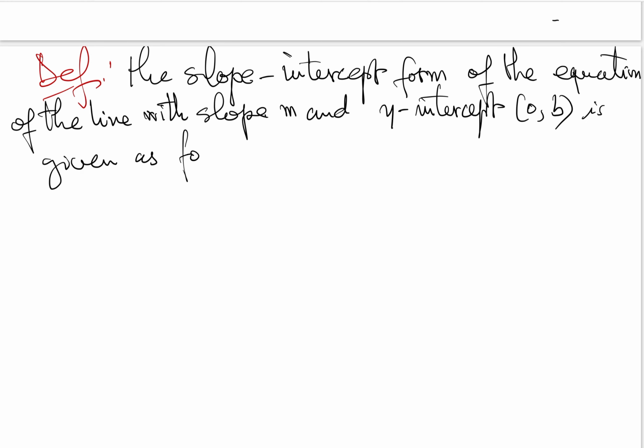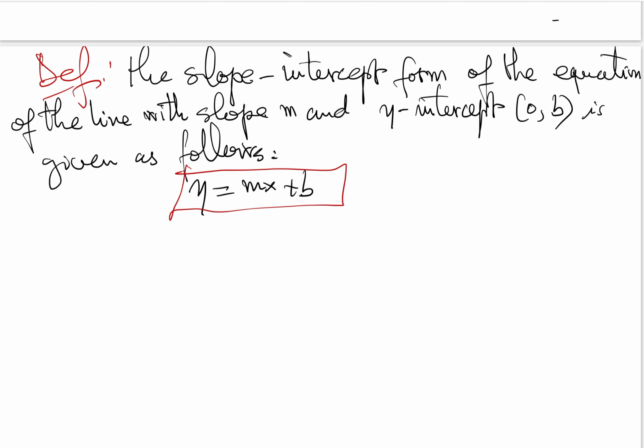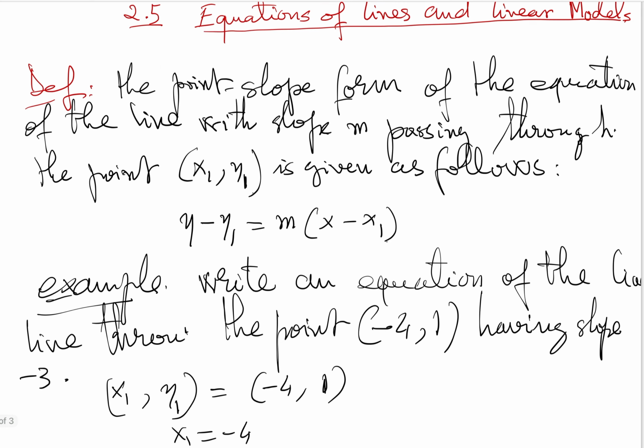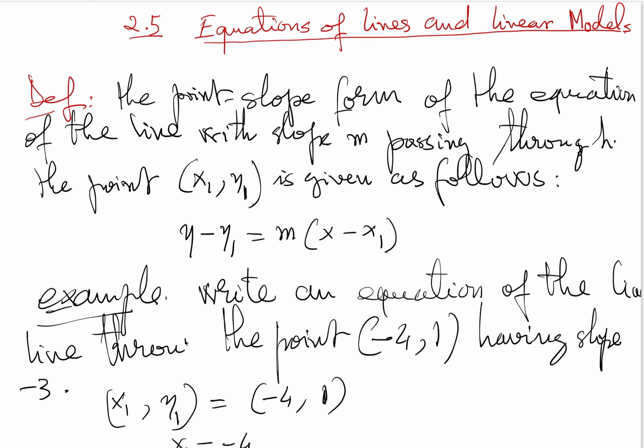It's given as following. So you have y is equal to mx plus b. That equation is called slope-intercept form. Remember, that equation is called slope-intercept form. You have different things. Look at here. Look at our previous definition.